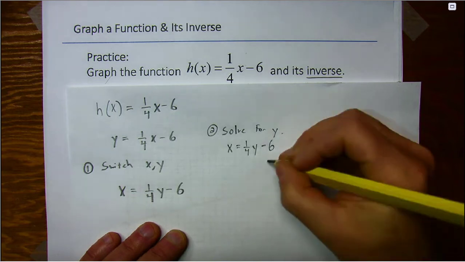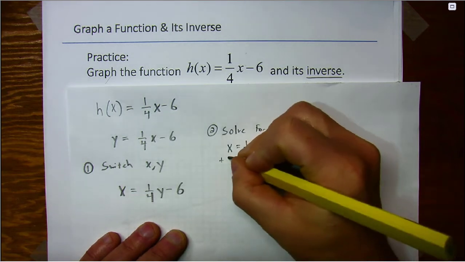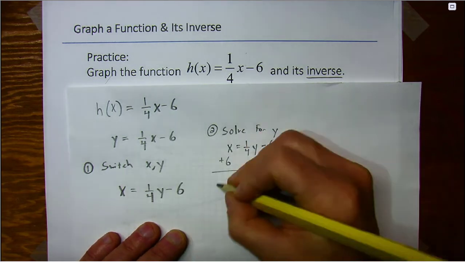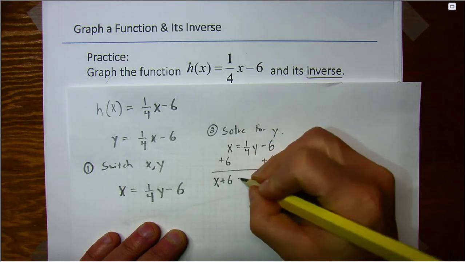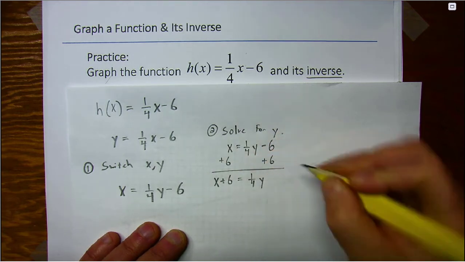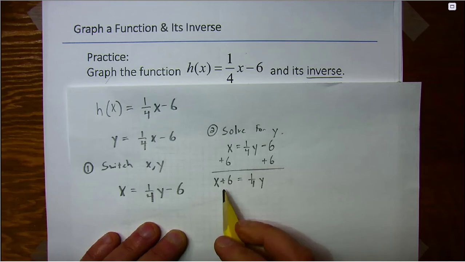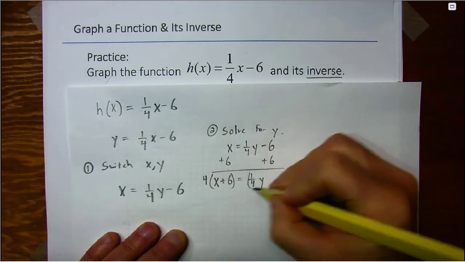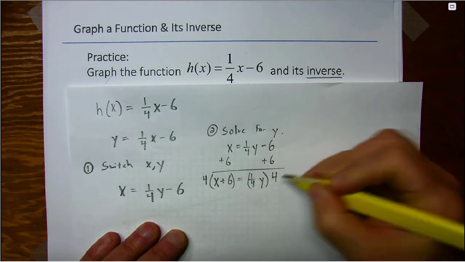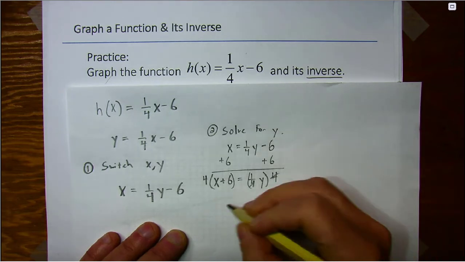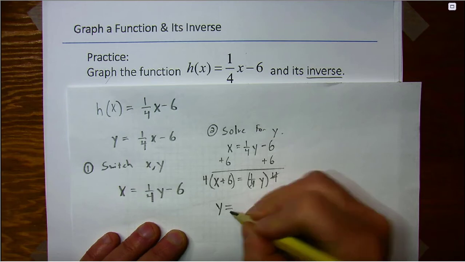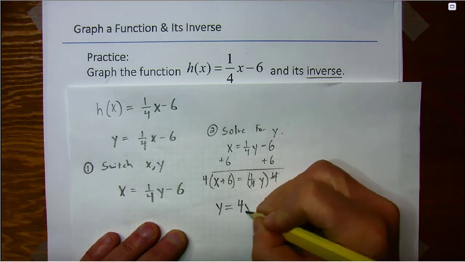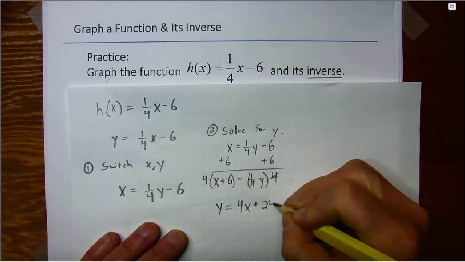Step 2, let's solve for y. Okay, we can add 6 to both sides. And now we'll multiply both sides by 4 to cancel off that 1/4. And what we end up with is y equals 4x plus 24.